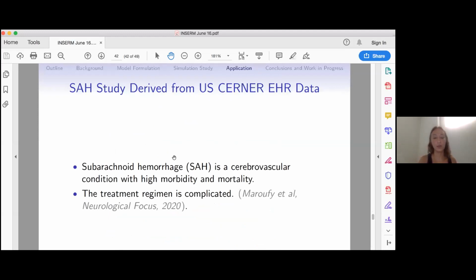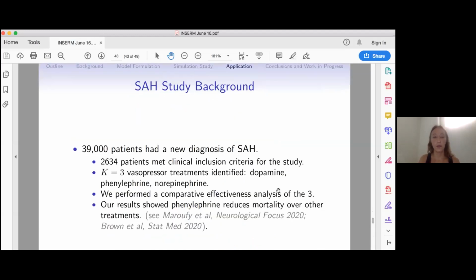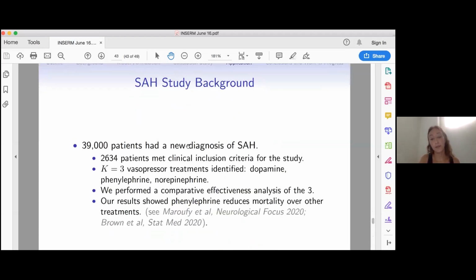So we said we would look at SAH, subarachnoid hemorrhage, a cerebrovascular condition with high mortality and complicated treatment regimen, we found out. 39,000 patients had a new diagnosis of SAH in our client hospitals. This many met inclusion criteria, clinical inclusion criteria.